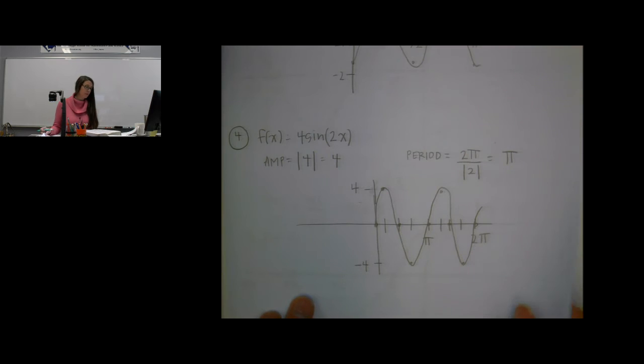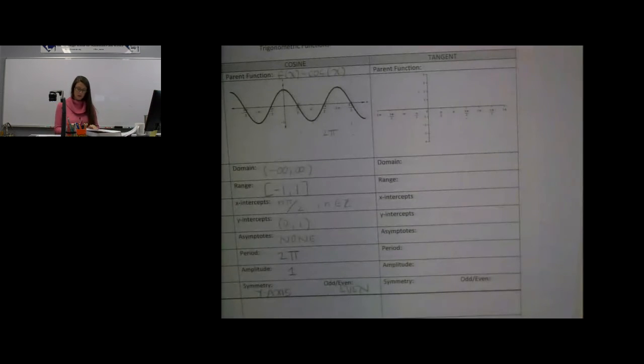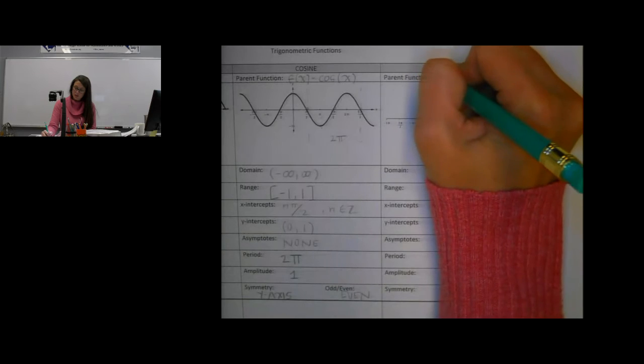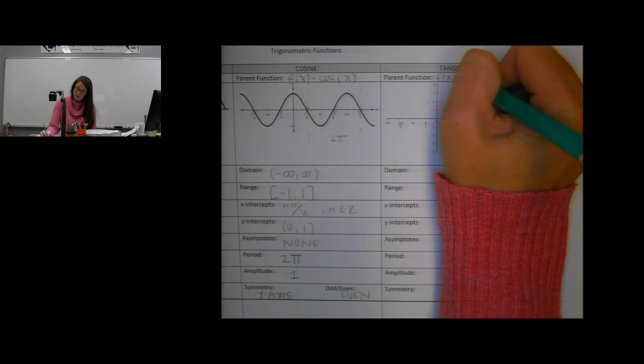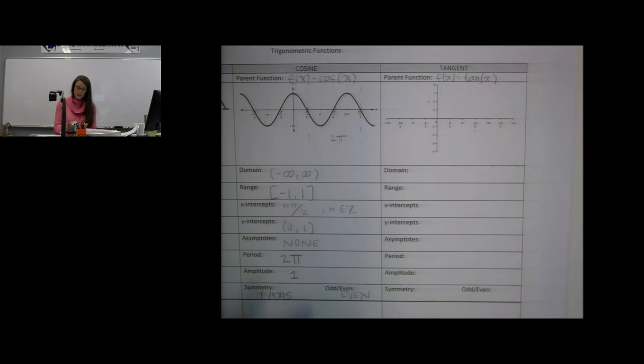Okay. All right. Let's look at your tangent graph. Okay. So let's look at this tangent here. So tangent, you have some things that are undefined. So the parent function of tangent is going to be tan of x. Okay.